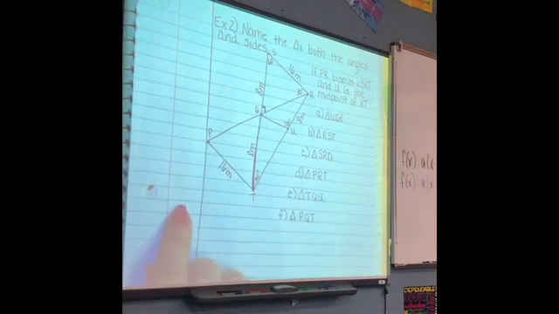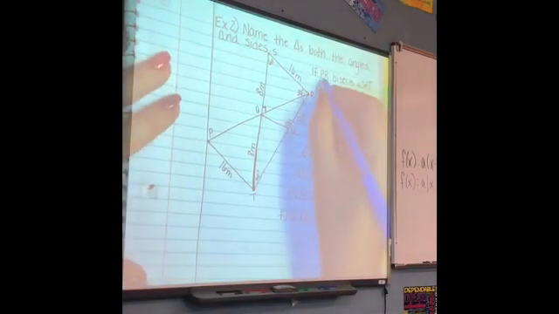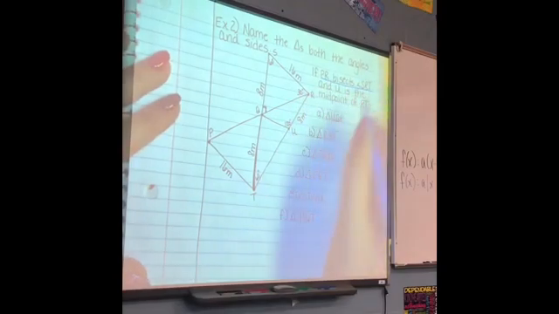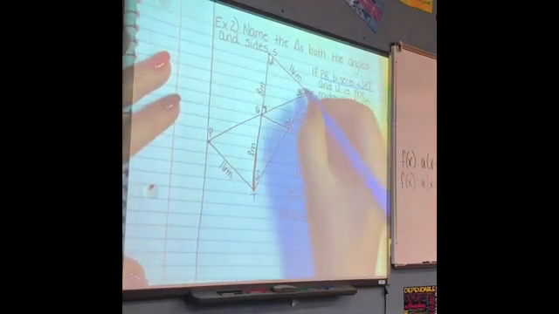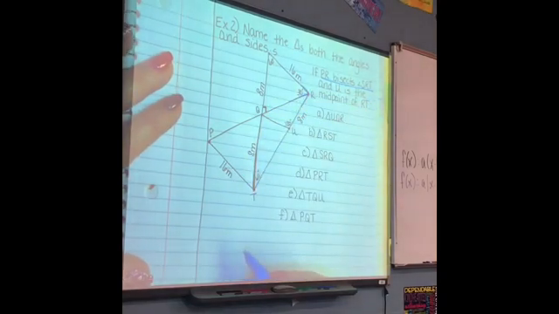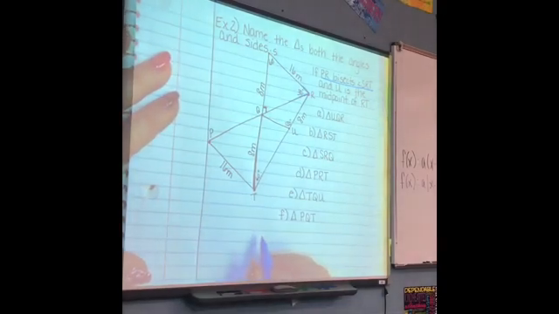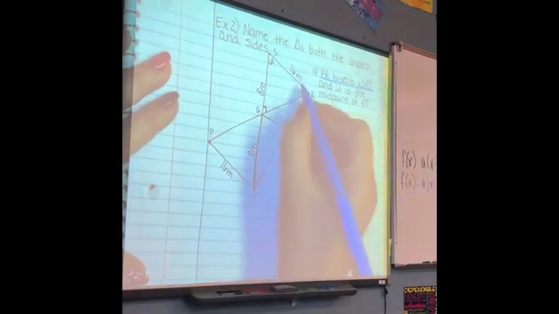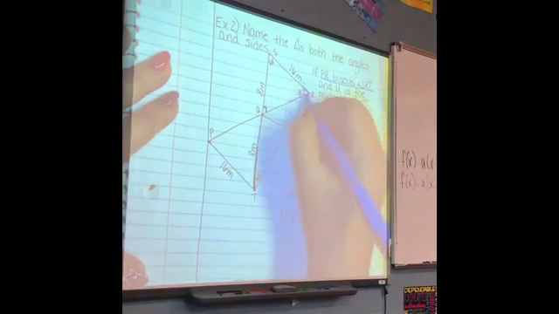The first piece of given information is that PR bisects angle SRT. So here's angle SRT, and here's PR that bisects it. What does it mean to bisect it? Two congruent halves. So if this side is 30 degrees, what is also this side? 30 degrees. Okay.